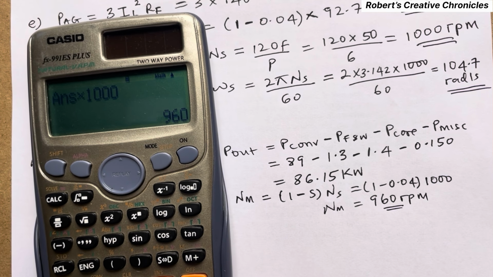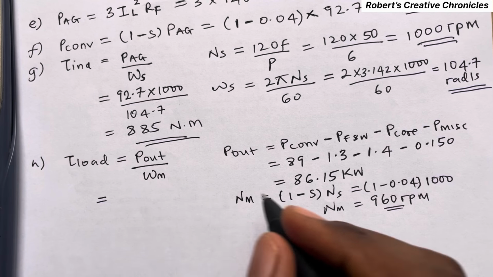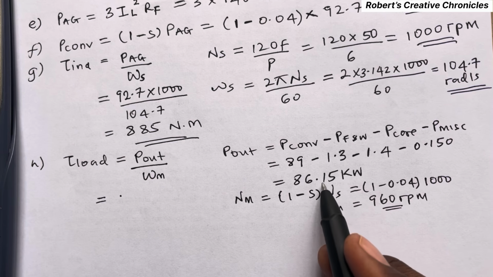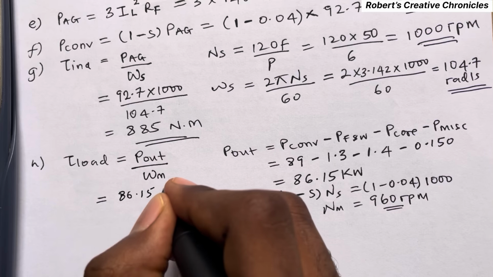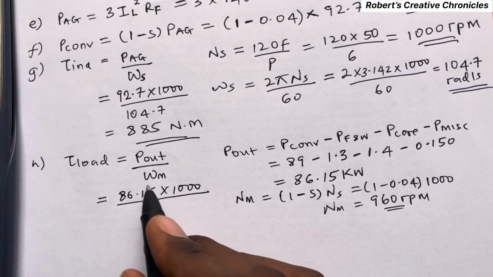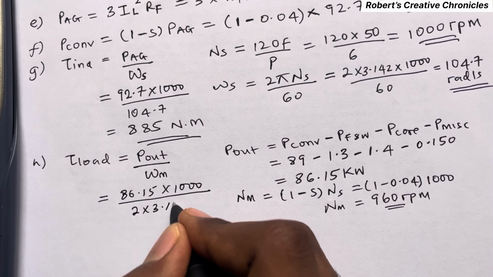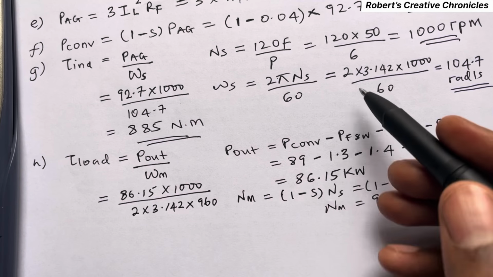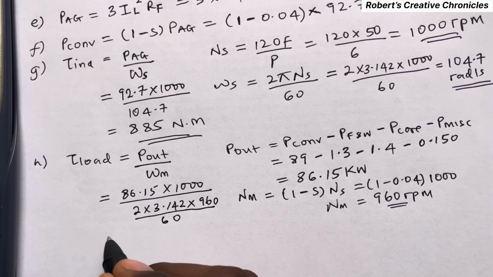Then we can directly substitute this here. The output power is 86.15 times 1000 over 2 pi ns over 60. So it is 2 times 3.142 times 960 over 60, like we did here.